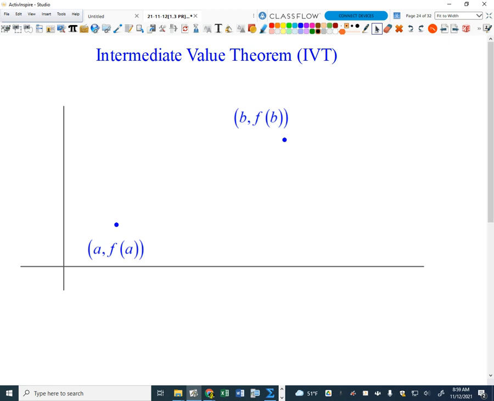So what the intermediate value theorem says is that if I've got some function, and if the function is continuous on the closed interval from a to b, then if there is some value, let's just call it k, that is between the value of the function at a and the value of the function at b, right?